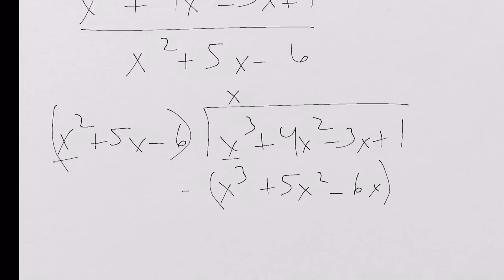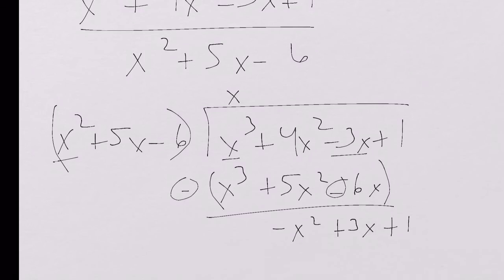And then in long division we subtract. So that would give me a negative x squared and then a plus 3x, because negative 3x minus a negative 6x is plus 6x. So negative 3x plus 6x is 3x. Bring down my next term. And what would I have to multiply x squared by to get this negative x squared?